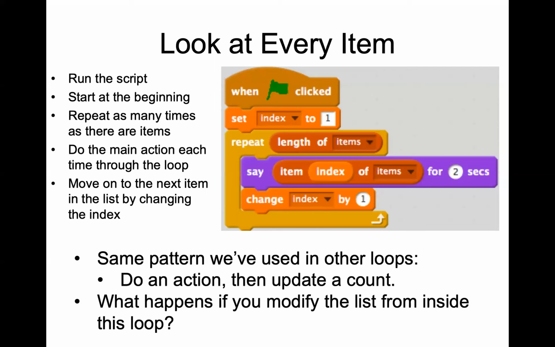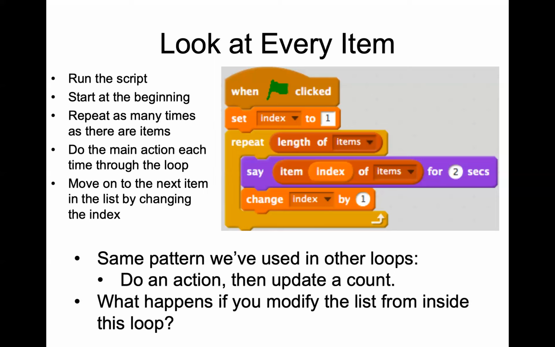Something I would suggest not doing in this kind of loop is modifying the list while you're inside the loop, because we have to start asking awkward questions like, does the length of the list get looked at the beginning, or does it update as we start changing the list? Let's just not go into that right now. It's best in this kind of loop that you don't alter the list as you're looping, because we can get into problems with our logic fairly quickly in that case.